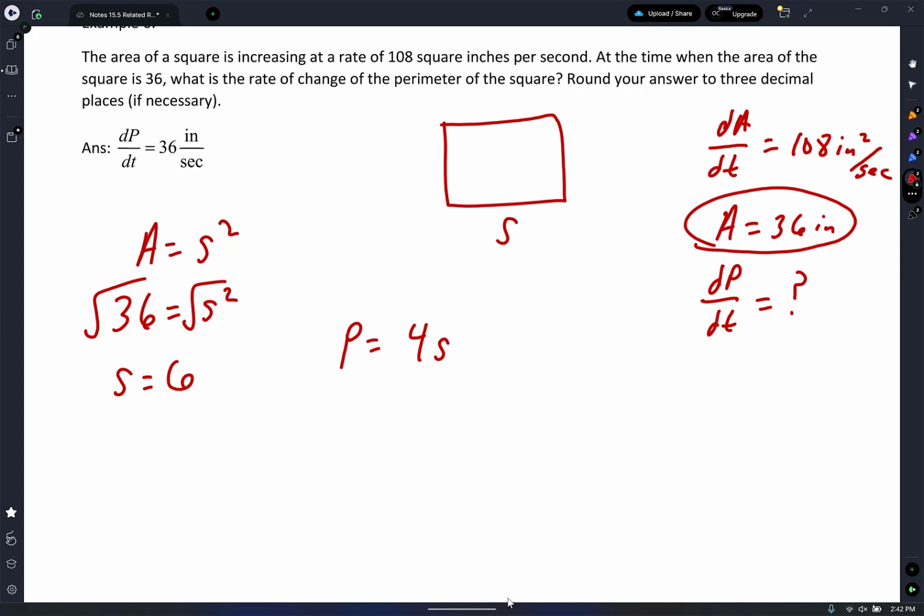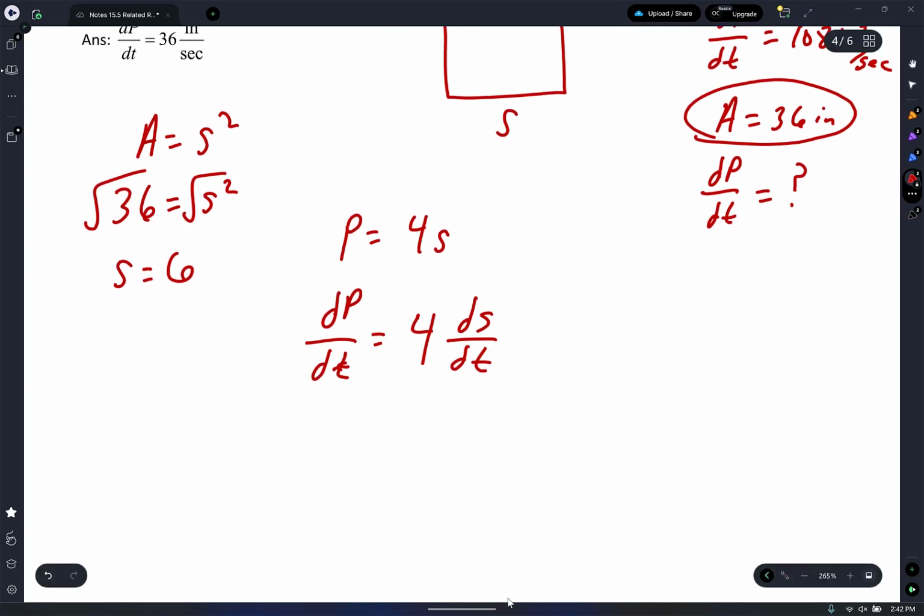We're going to take a derivative. dP dt is equal to 4 ds dt. Oh, but I do need a ds dt. Do I have a ds dt? No. So here's how you're going to get it, guys.